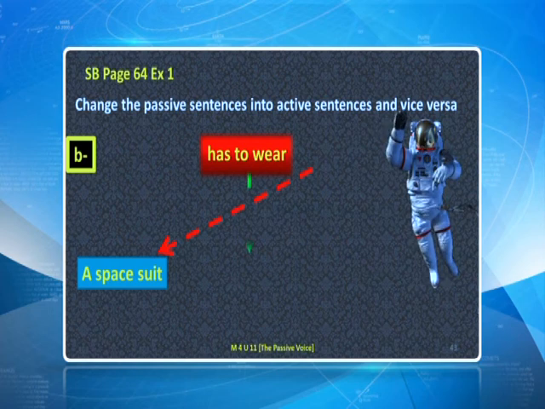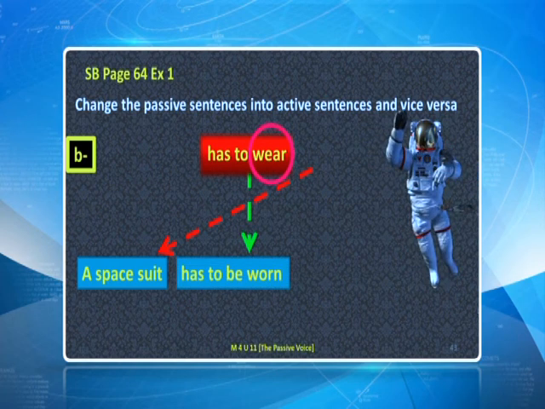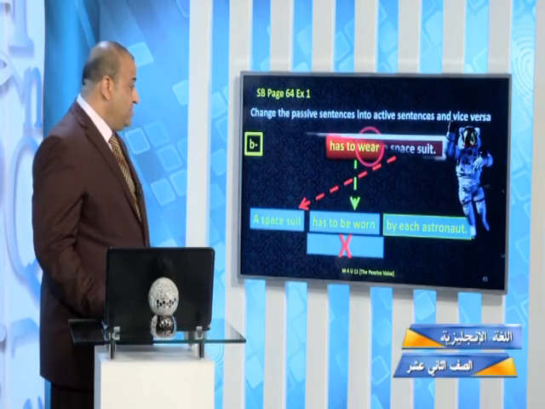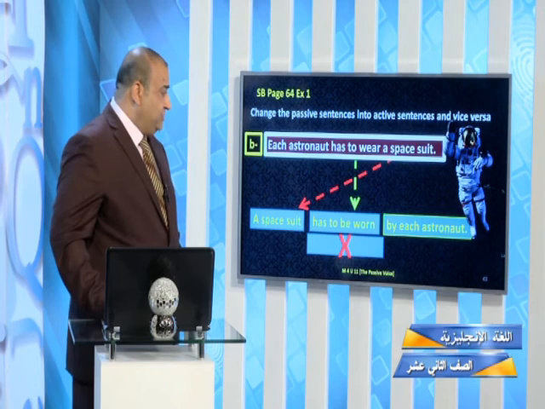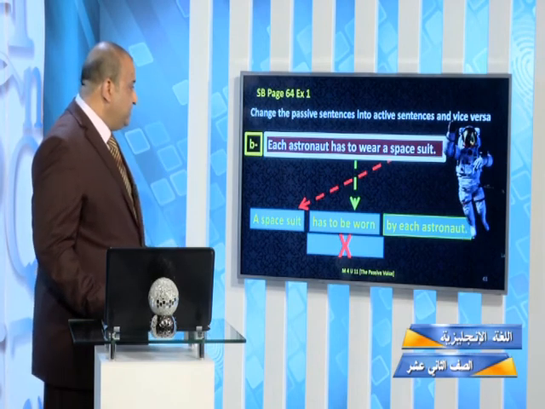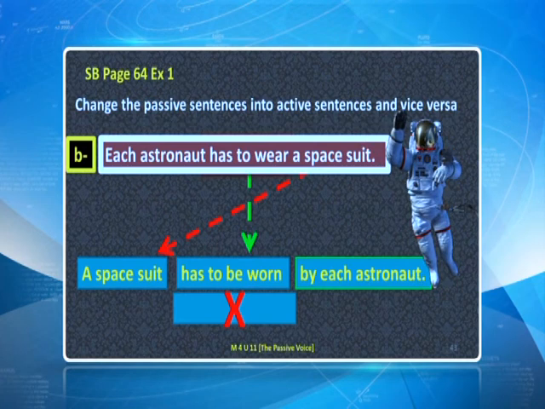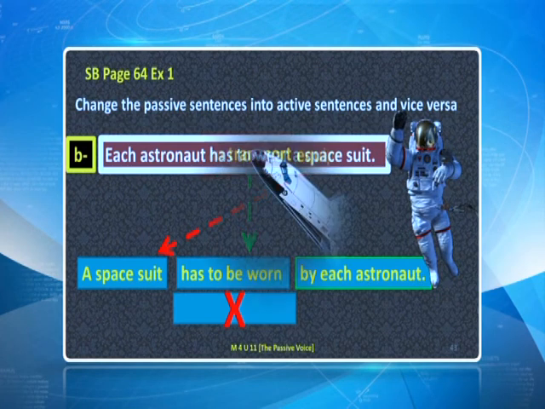Make sure that your answer is has to be worn or have to be worn. In this case, you have to choose has because a spacesuit is singular, and we bring by each astronaut. So the original sentence, each astronaut has to wear a spacesuit, becomes a spacesuit has to be worn by each astronaut.